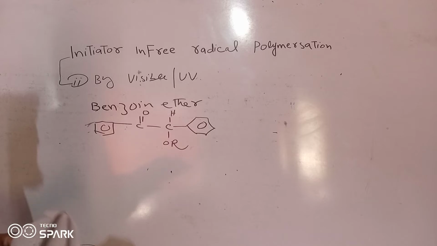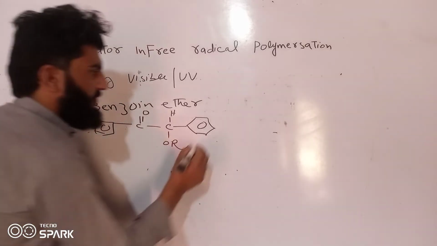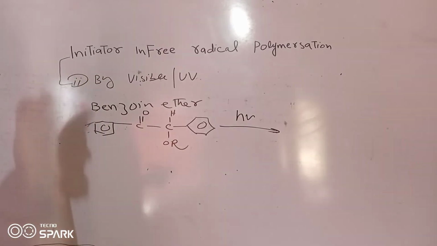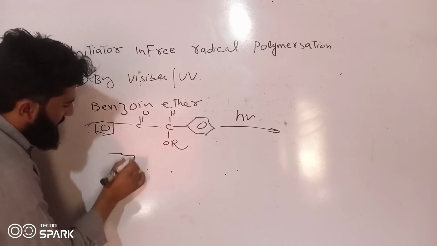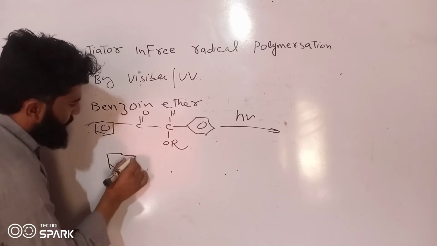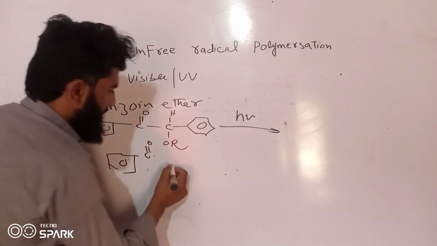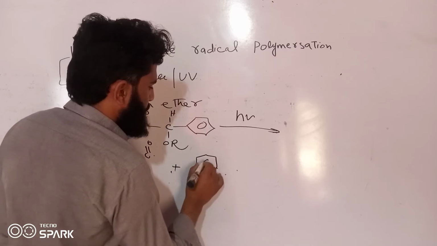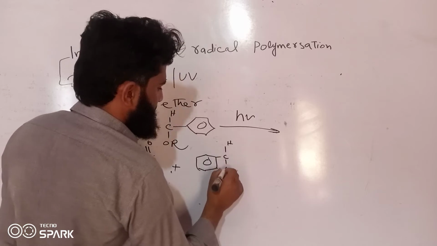Okay, so when we irradiate it, we can get two types of free radicals. When we use ultraviolet and visible radiation, two types of free radicals are obtained. The first one works in free radical addition polymerization, and the second one is also used in free radical polymerization.